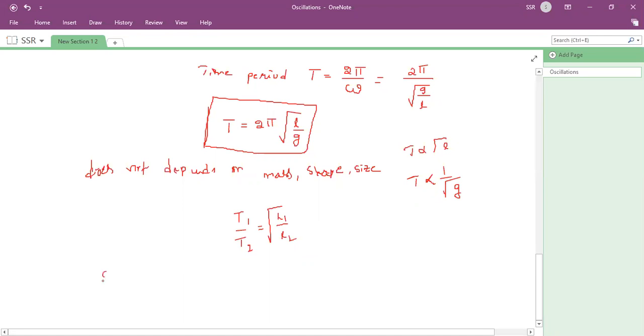Seconds pendulum. What is this seconds pendulum?